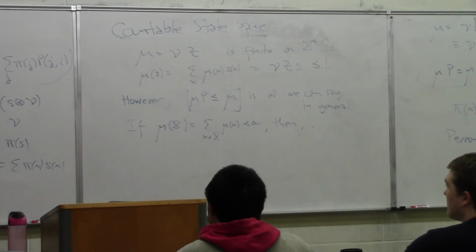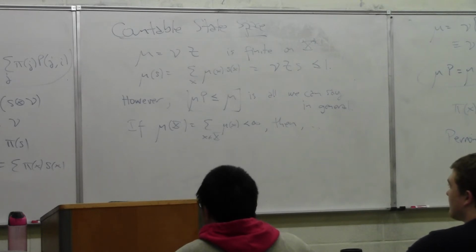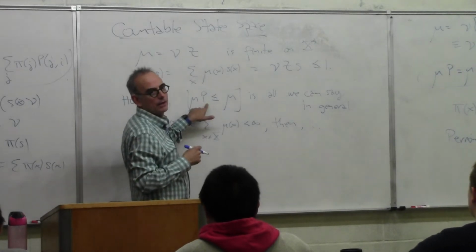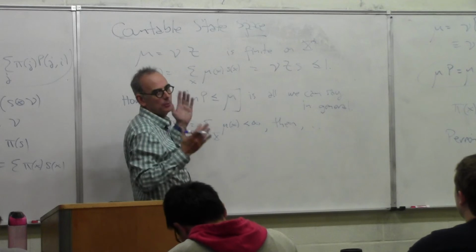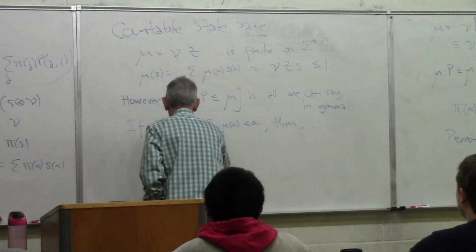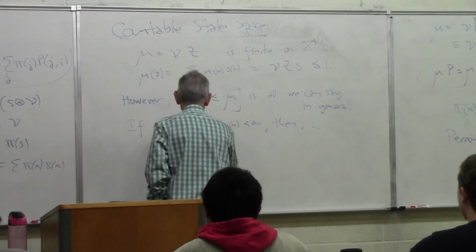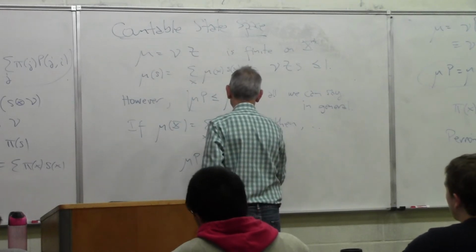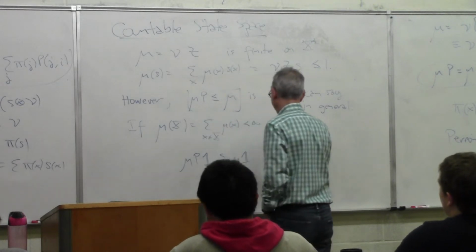So we always have this. Luckily we've always got a right eigenvector, so we're safe there. What happens is if it's finite, I can hit both sides by 1, and I'm not getting infinities less than infinity. We knew that. And so what you get is that mu P 1 is less than or equal to mu 1.